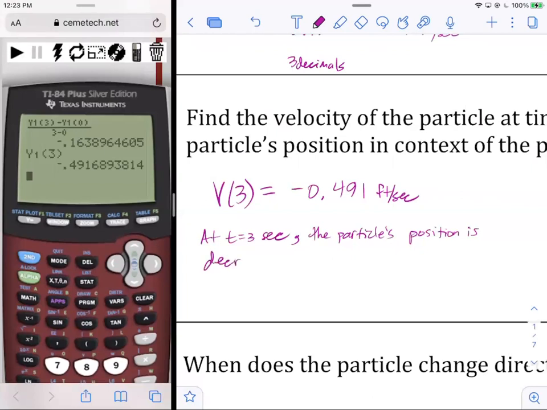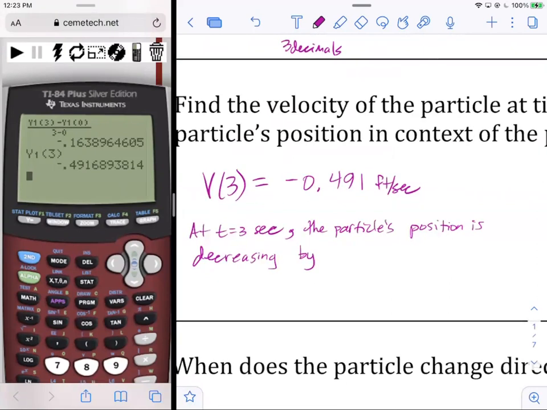Decreasing by, and now here's where we answer with the magnitude only, positive 0.491 feet, and then per second. So whenever you talk about the position, you make sure you answer it in position units, per time.